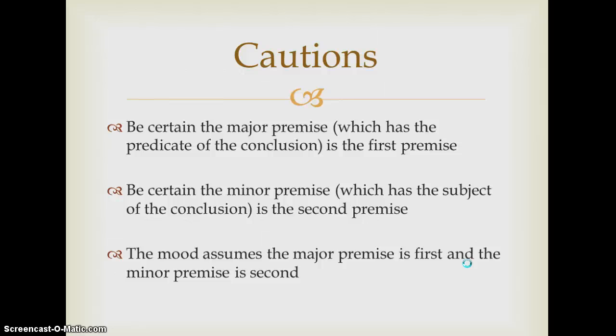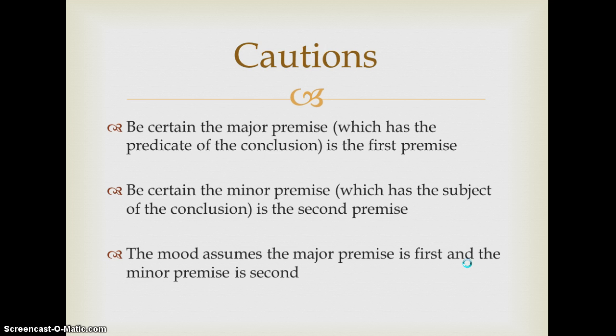And when we use the 7 rules of validity to determine if a syllogism is valid, it doesn't really matter that those are in the right order, but when we're working with the mood of a syllogism, and particularly when we start using the mnemonic verse that William of Sherwood creatively invented for us, it always, always, always assumes that the major premise is the first proposition, the minor premise is the second proposition, and of course, always the conclusion is the third proposition.